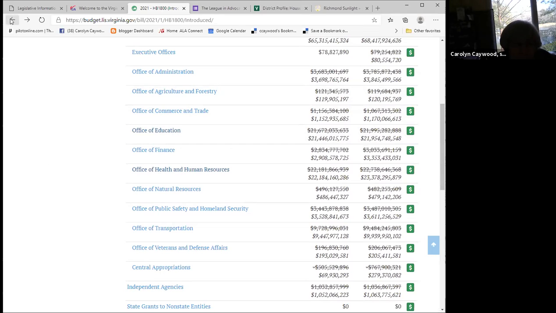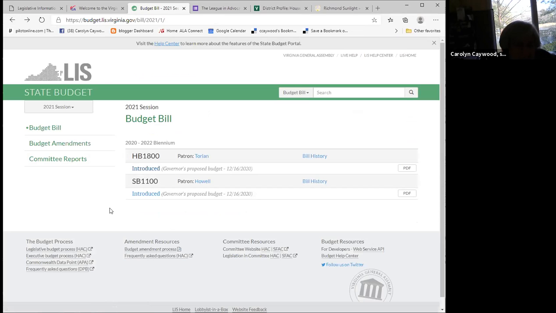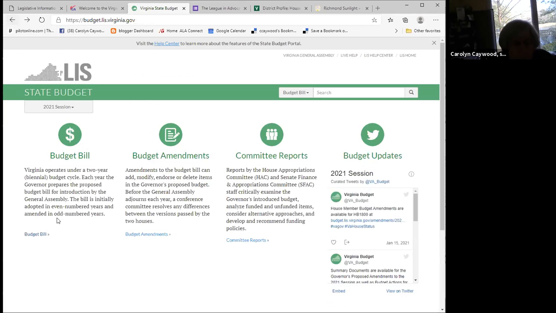Where we put our treasure, that's what really means something. So that's the budget section. Now it'll get more complicated as the amendments get added in. We're looking at sort of the newborn baby budget.